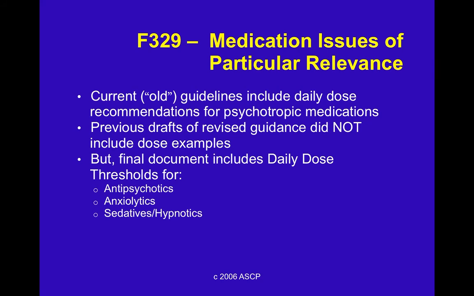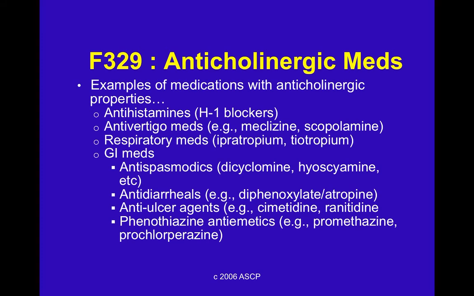The other thing of particular relevance is that the current guidelines look at daily dose recommendations, so you want to look at the max doses recommended for geriatric patients, and you can find that documentation within the package insert or Lexicomp, by clicking on the tab for geriatric dosing or geriatric considerations.